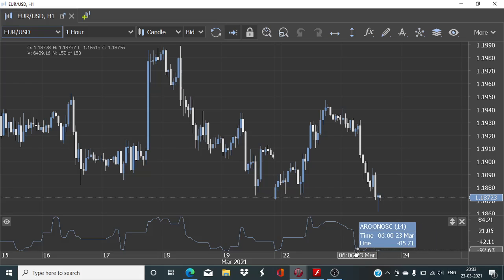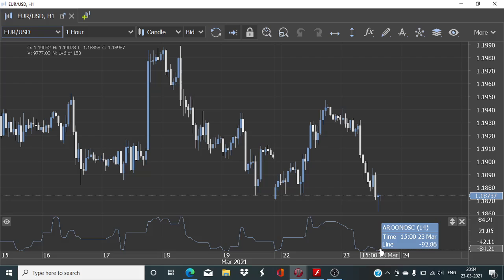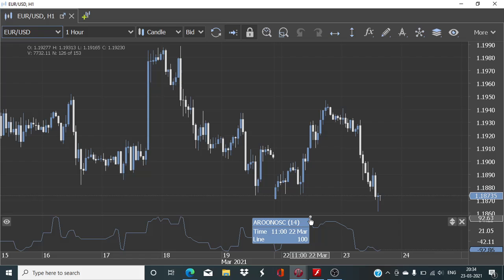So what we will do, we want the Aroon oscillator's value to be at minus 100 for the sell trade to be executed, and at plus 100 for the buy trade to be executed, and prior to that it should have been below the 100 value for the buy trade, and for the sell trade it should have been above minus 100, and this should be the first hour when the value has gone on to touch the extreme level.